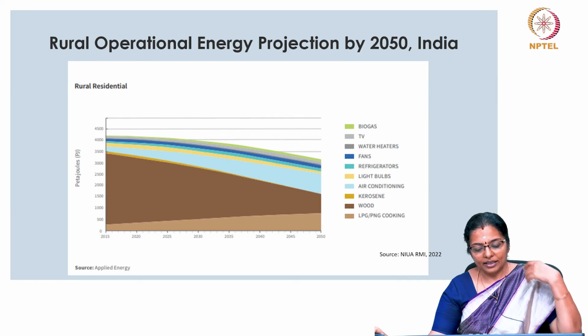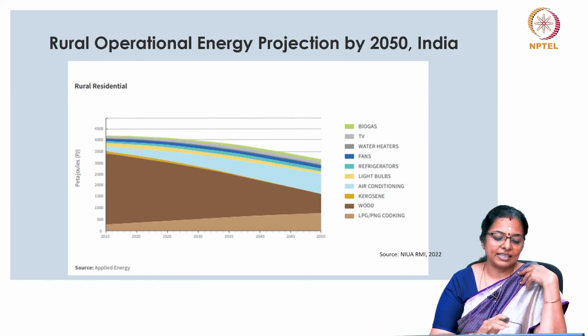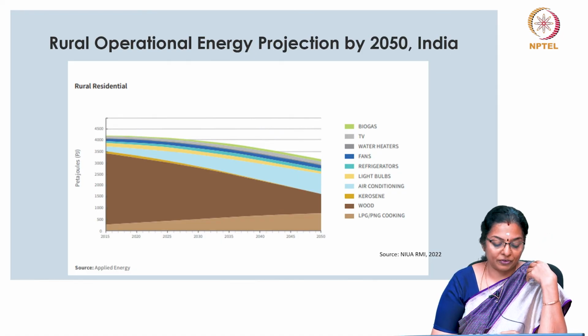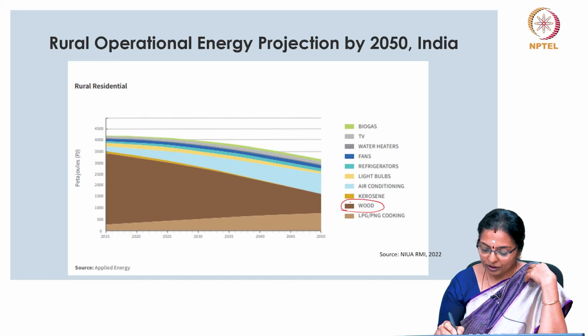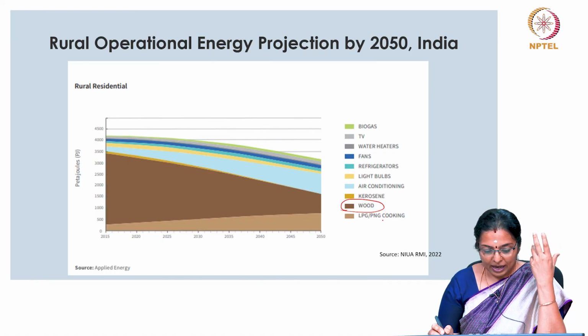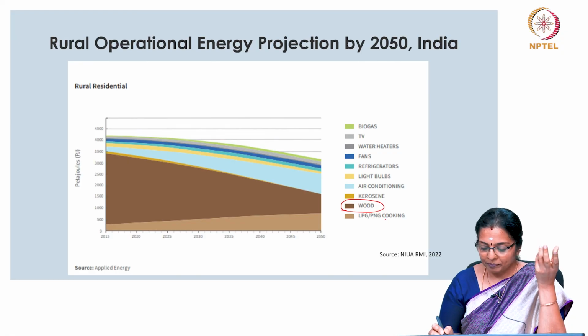Now, let us look at the rural residential operational energy consumption projection by the year 2050 in India. We can see that the primary source of emissions is wood, which is largely used for cooking.